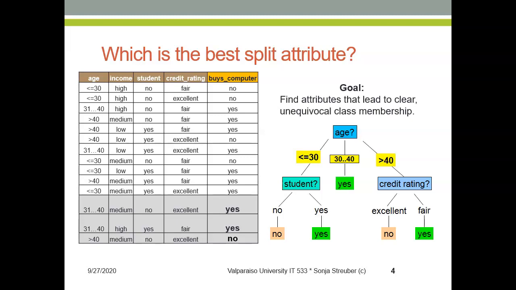So here, for example, it is the combination of age and student that allows us to accurately predict our buys computer value, either with no or with yes. And that attribute changes for our over 40 category, in which we combine age and credit rating. That allows us to accurately predict buys computer no and buys computer yes.